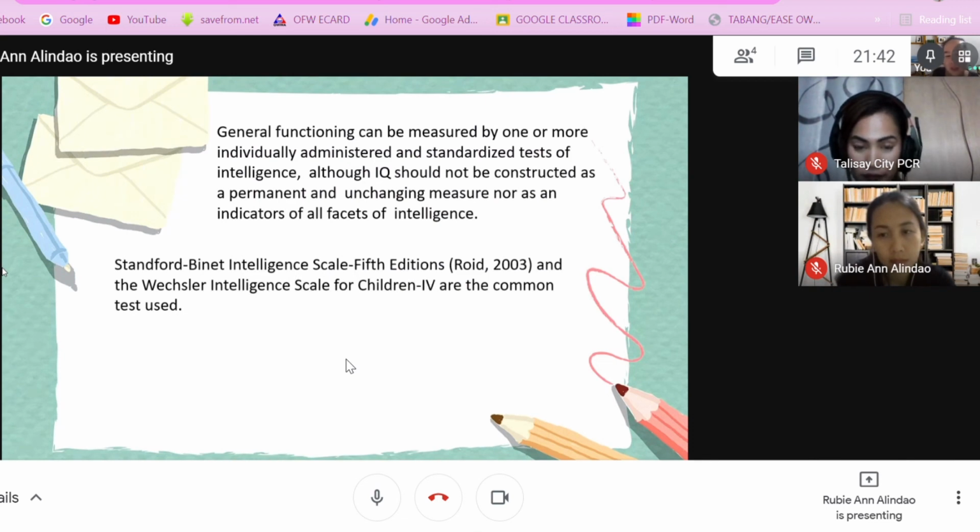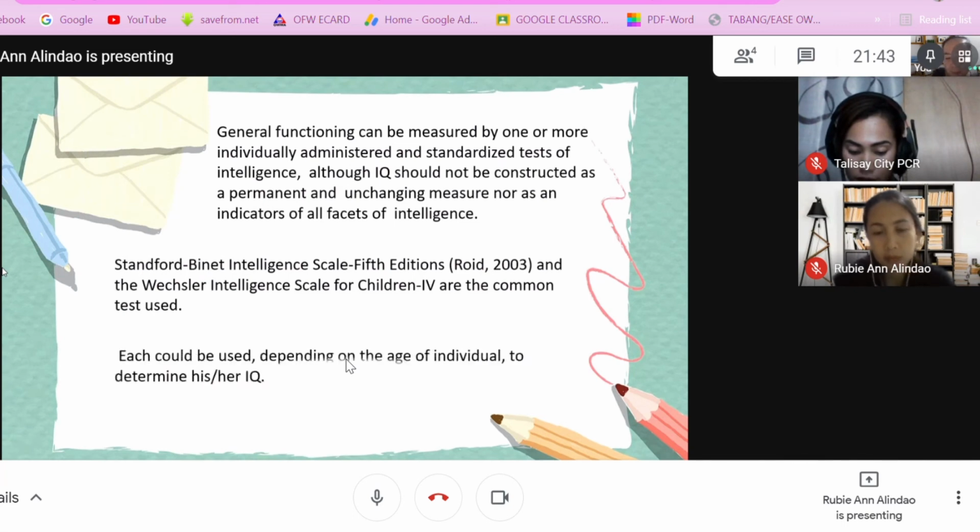The Stanford-Binet Intelligence Scale, Fifth Edition, and the Wechsler Intelligence Scale for Children IV are common tests used. Each could be used depending on the age of the individual to determine his or her IQ.